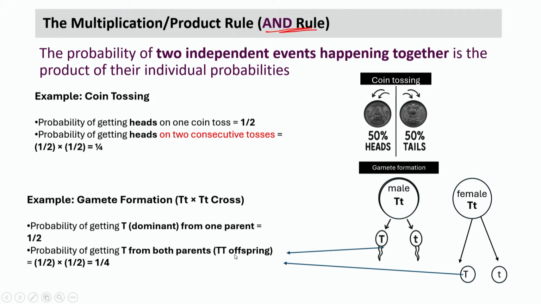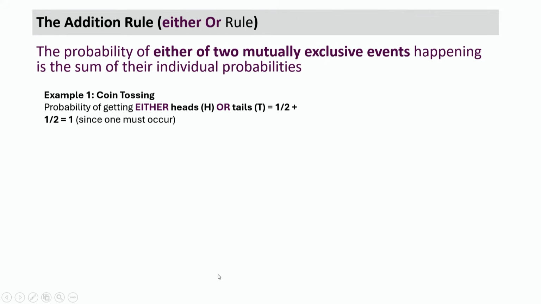If somebody asks you the probability of having 2 capital T's or 2 small t's together, it is a multiplication of each probability: 1/2 for capital T, 1/2 for another capital T coming from the mother, and the multiplication gives you 1/4.